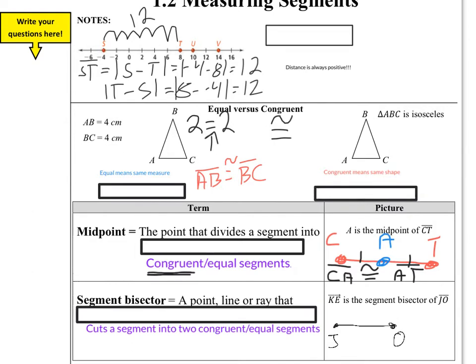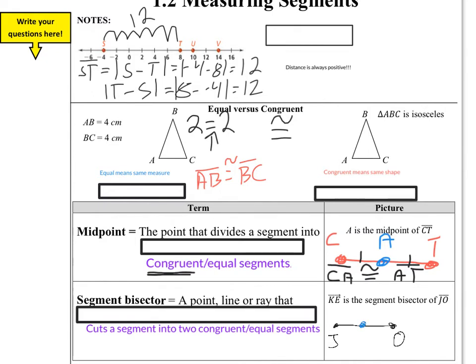And for KE to be the bisector, we're going to draw that ray, and that ray is going to have to go through the midpoint of this segment.